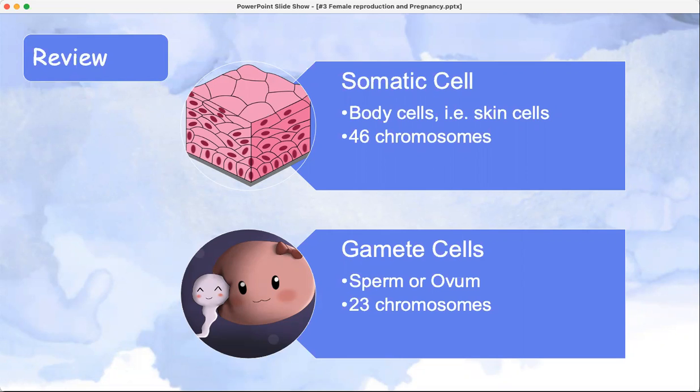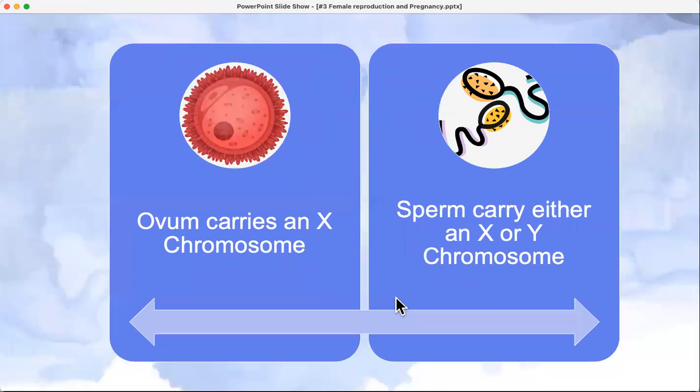So I think of the gametes as part of the game of love. You put two of them together and they create 46 chromosomes. So always the ovum carries an X chromosome, and the sperm have their option of either carrying an X or a Y chromosome.